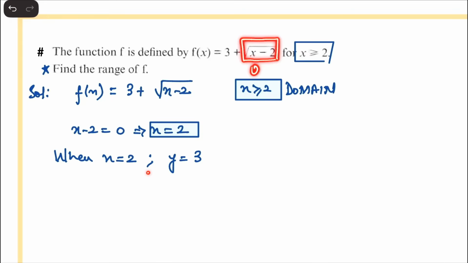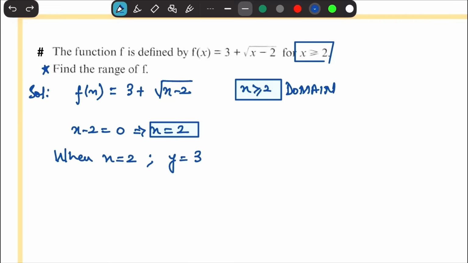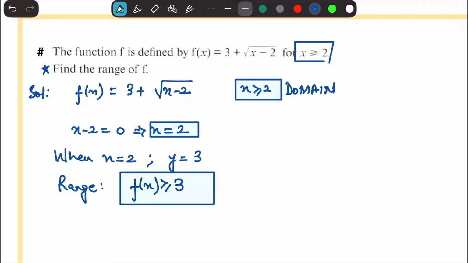When x is 2, the root function will become 0, right? And in that case, you will write y equal to 3. For all the other values of x, the function is going to give you a value of y greater than 3, right? So I will write that the range of f of x will be greater than or equal to 3. This is the answer for the given question.